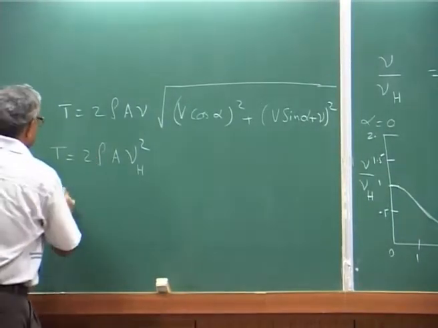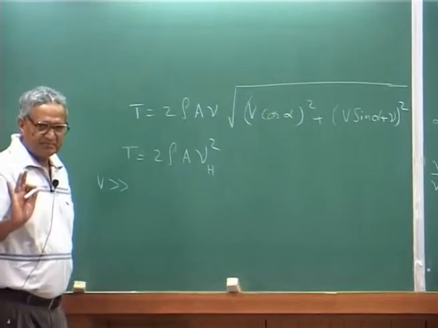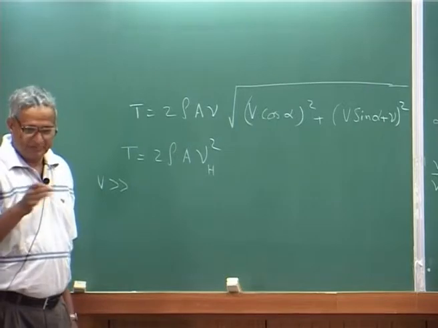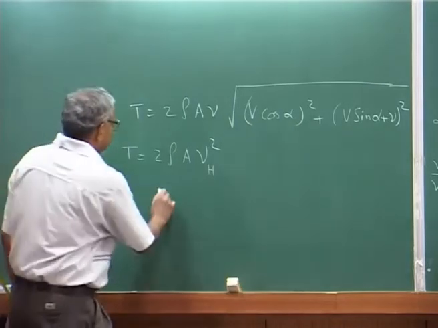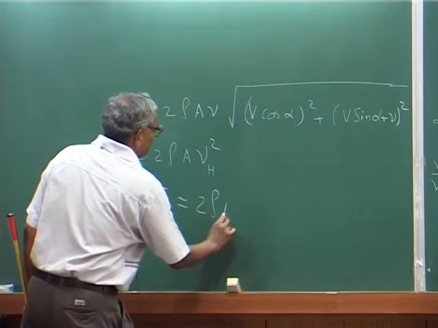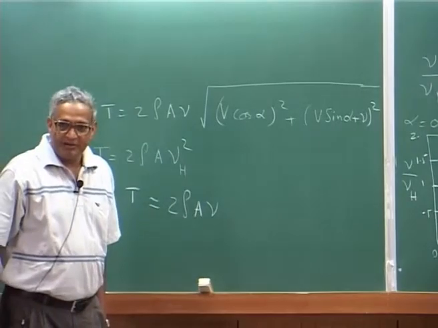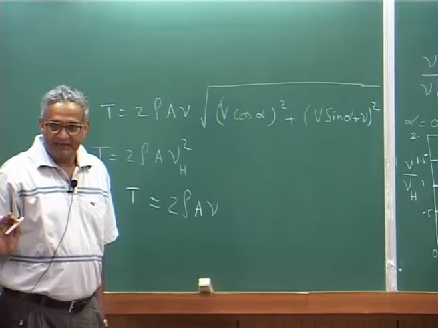Therefore, you can write, for V very large, and I am just saying very large, how large we will find out, the thrust becomes only this term, V cos alpha.